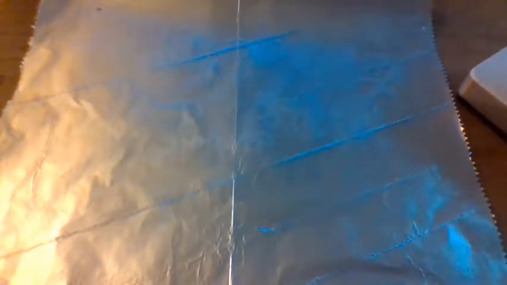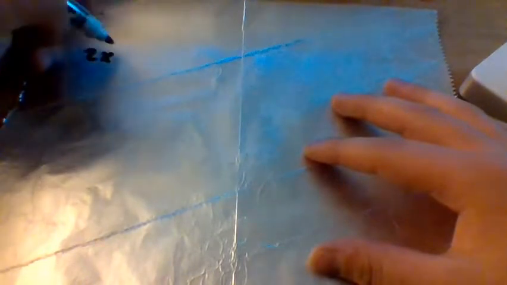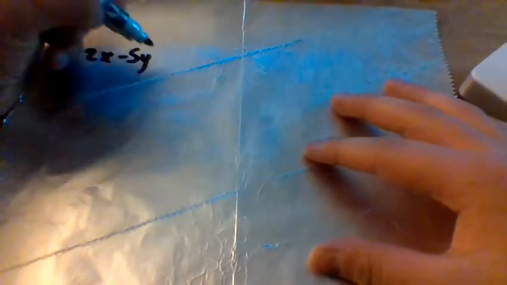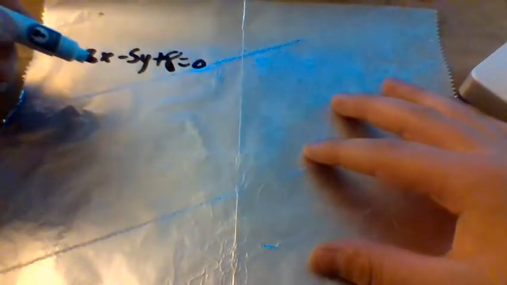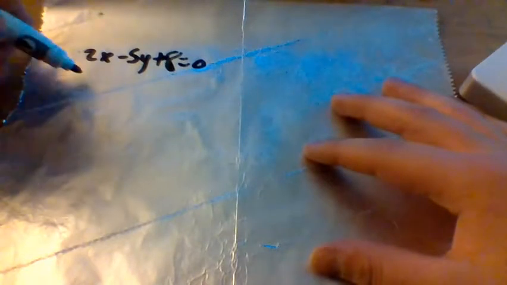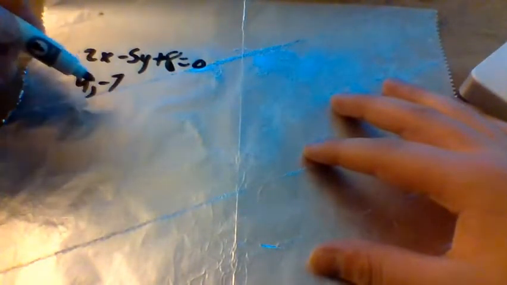Now what we're going to show you next is how to find a parallel line with just another equation, how to make a parallel line out of another equation. So how you can do this is, say you have 2x minus 5y plus 8 is equal to 0, and you want to find a parallel line through the point (4, -7).